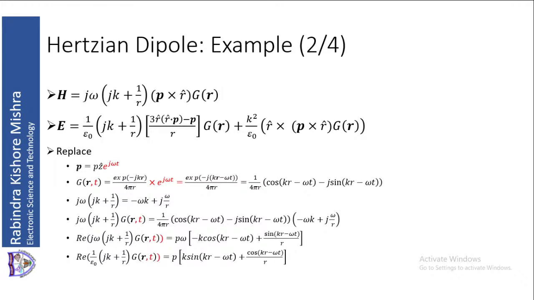And then the real part of 1 by epsilon 0 (jk plus 1 by r) into the time dependent Green's function will be p into (k sin(kr minus omega t) plus cosine(kr minus omega t)) by r. These are simple algebraic manipulations that you can do easily, so I am not deriving this.